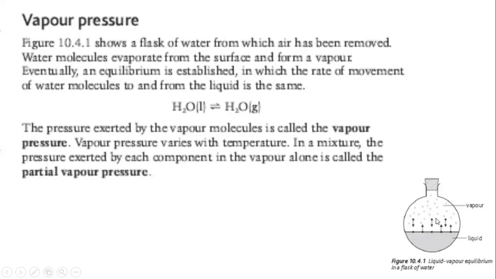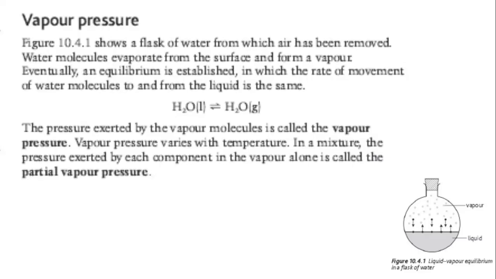And again, some of the molecules in the gas phase are going to go back to the liquid phase and it's going to keep going like that. And eventually it's going to get to a state of equilibrium, meaning that the rate at which molecules go from liquid to gas and gas to liquid is going to be more or less the same, and they're just going back and forth.